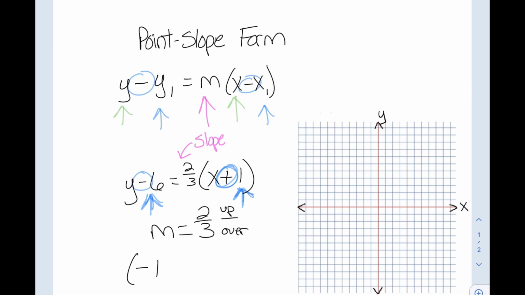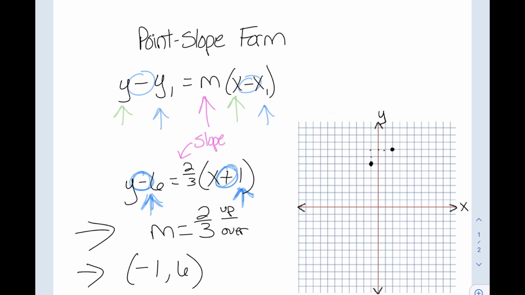That is a minus 6. The minus should be there. That means that the y1 is a positive 6. So our chosen point that we're going to start with is -1, 6. So you always start with the point that you know is on the line, -1, 6, right there. And then from that point, you're going to count the slope. It's a positive 2/3, so we go up 2 over 3.